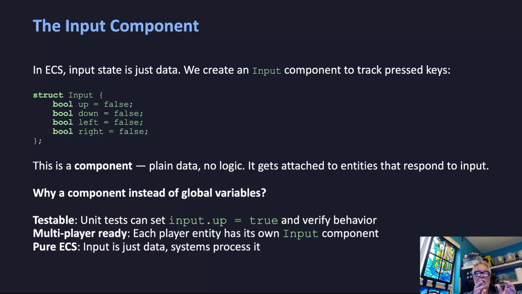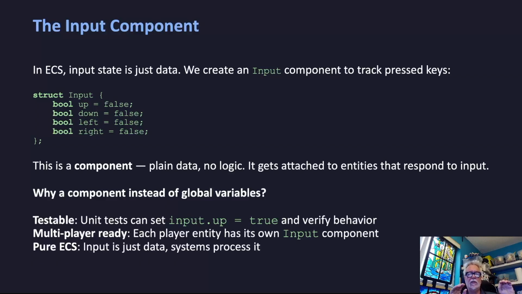You're like, wait, what are you doing adding this as a component? We're going to add an input component to any entity that responds to input, right? So in that row for that entity, we're going to add the state of the up, down, left, and right arrows.